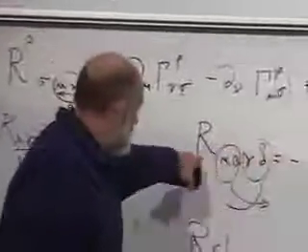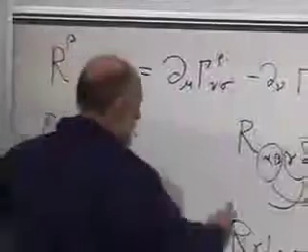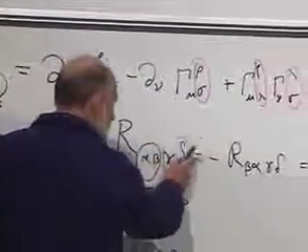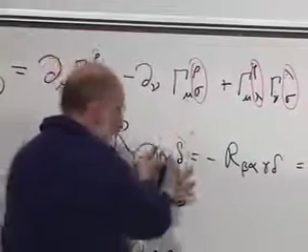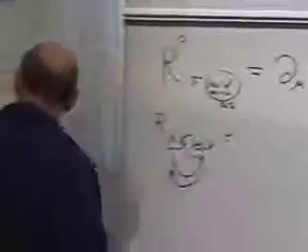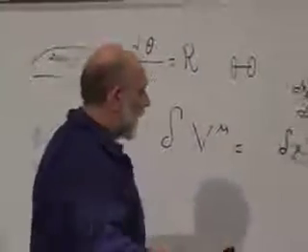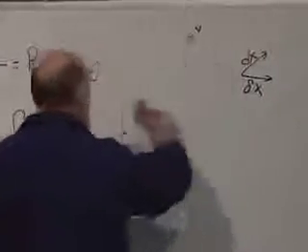Antisymmetric with respect to these two, yes. Antisymmetric with respect to these two, yes. And symmetric with respect to moving them in pairs. That's correct. And somehow what I wrote down originally was incorrect, so let me correct it.